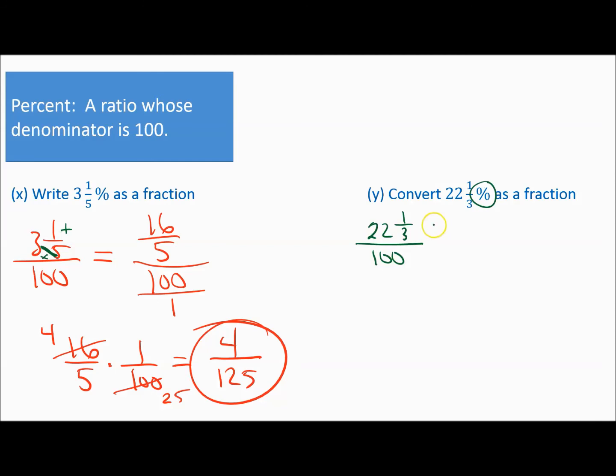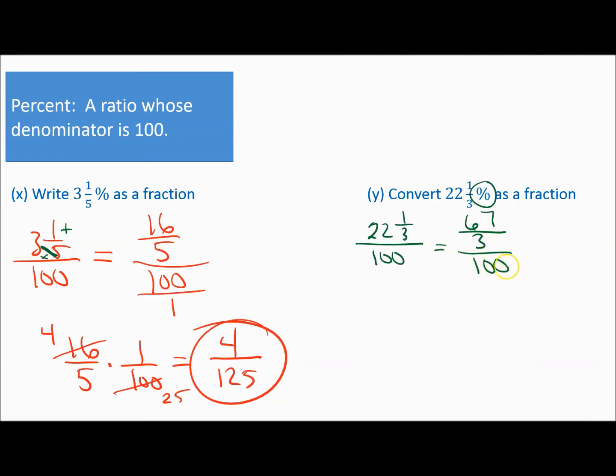It's not in the right form to do, so I can't work with this mixed number right here. I have to make it an improper fraction. So how do I do that? I multiply 22 times 3, which is 66, and then I add the 1. So that's 67, and keep that denominator of 3, divided by 100.